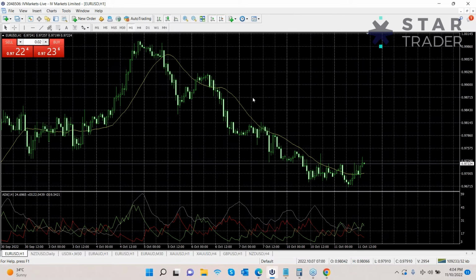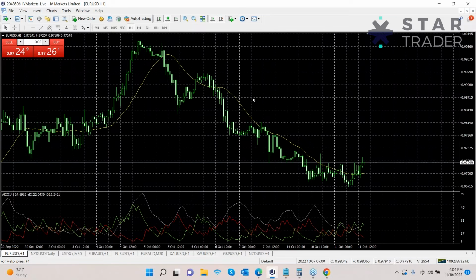Remember, you can change the layout of your charts according to your setup. If you want the white screen or whatever color you want, you can change the color scheme, and you can insert your indicators and everything using MetaTrader 4.